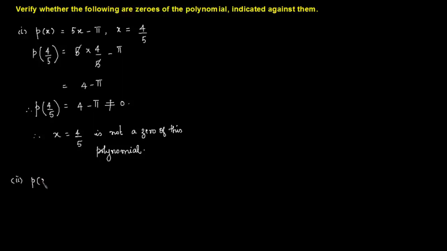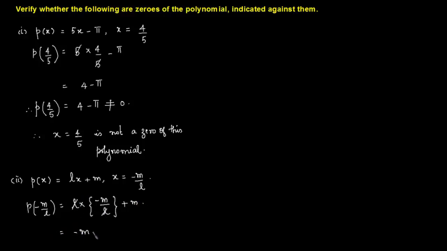So here the polynomial p of x is Lx plus m, and you are supposed to verify if x is equal to minus m by L is a 0. So in order to find out if x is equal to minus m by L is a 0, we are supposed to find p of minus m by L, which is nothing but L multiplied by, in place of x we are supposed to substitute minus m by L plus m, and this is going to be equal to the L and the L will get cancelled, leaving you with minus m plus m.